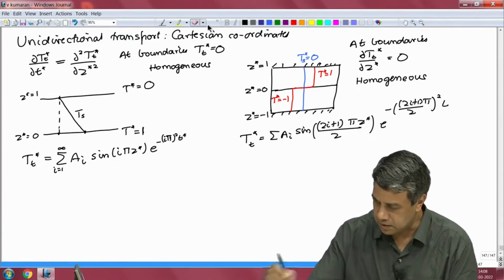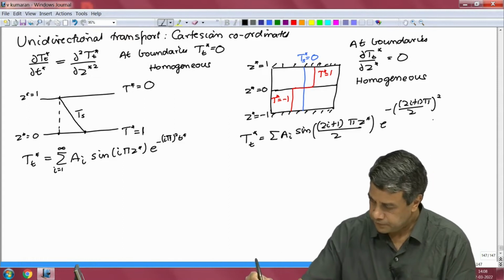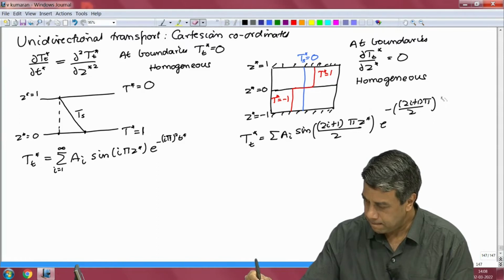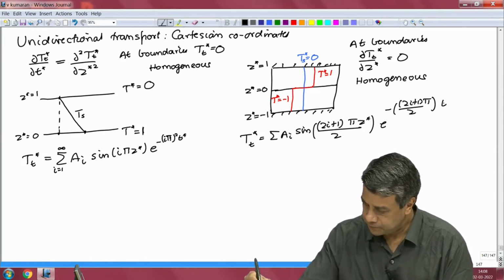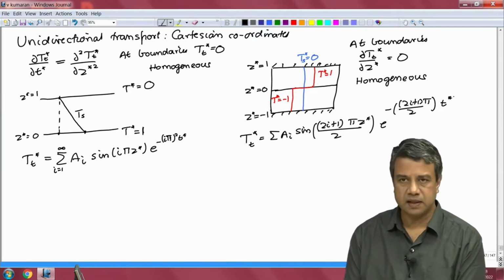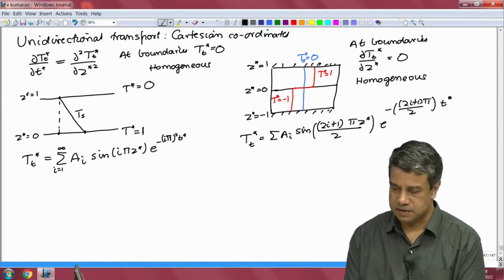So we have exponential in both cases in time, and sine functions or cosine functions in the spatial coordinates.